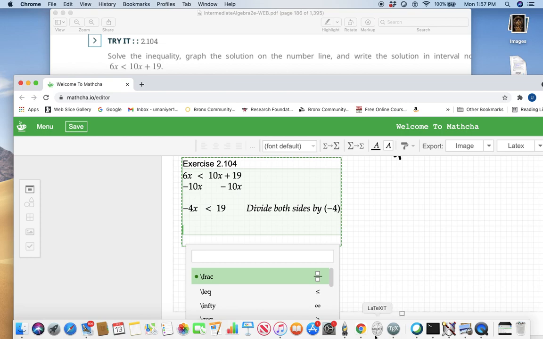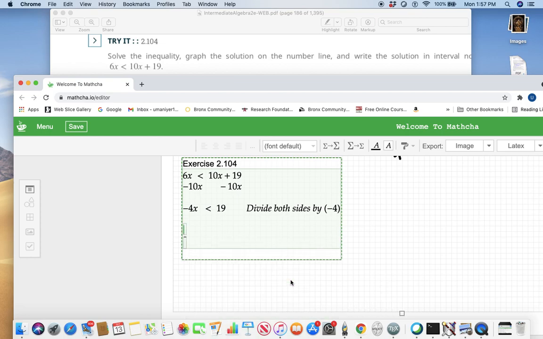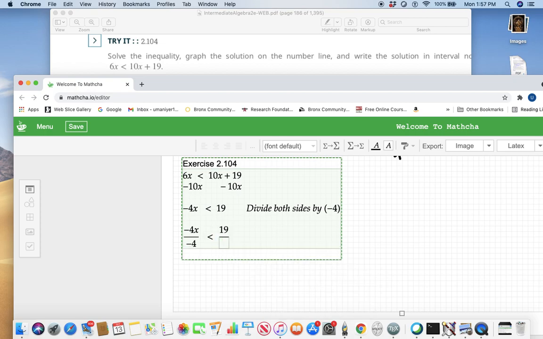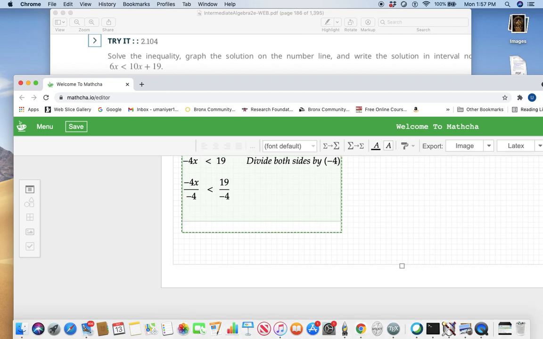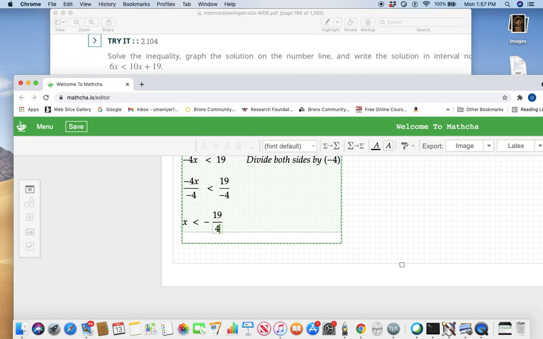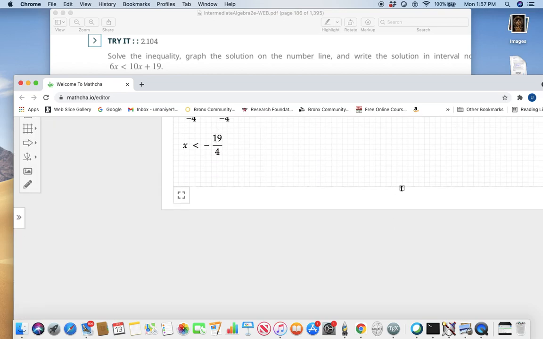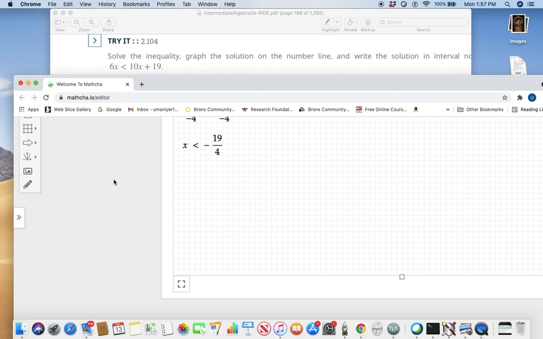Okay, so fraction negative 4x over negative 4 is less than fraction 19 over negative 4. This tells me negative 4 cancels negative 4, x is less than. Positive over negative is a negative, fraction 19 over 4. Now we are ready to graph this solution set.